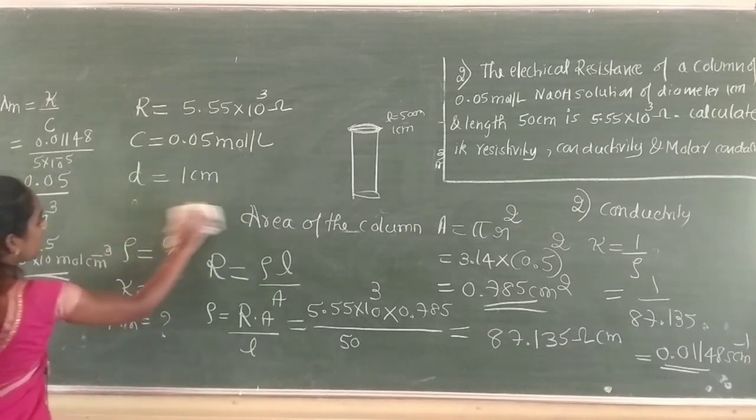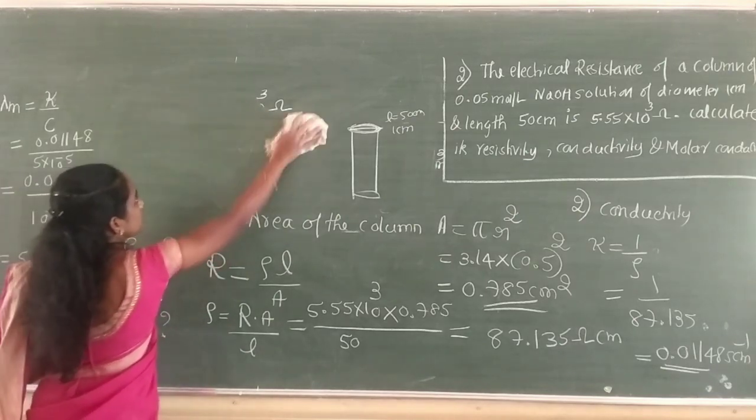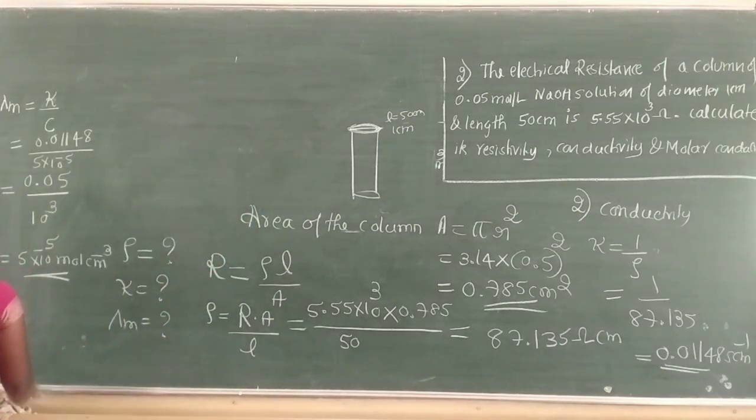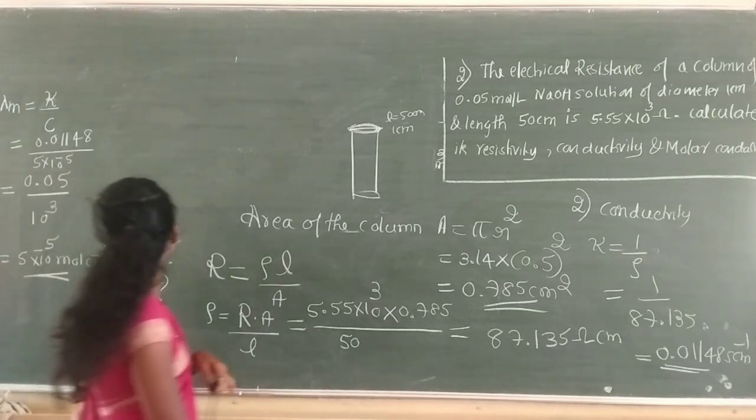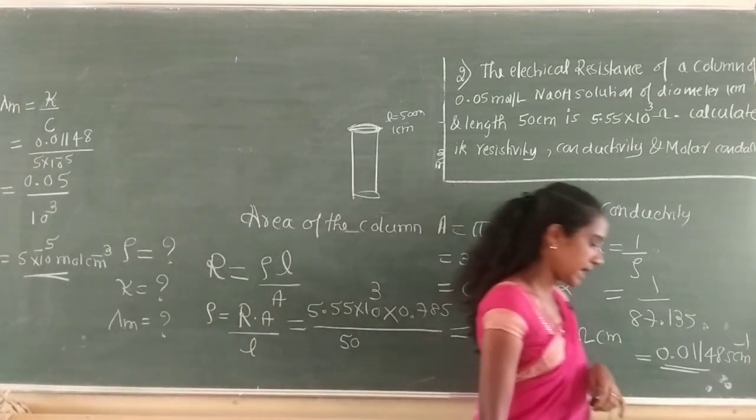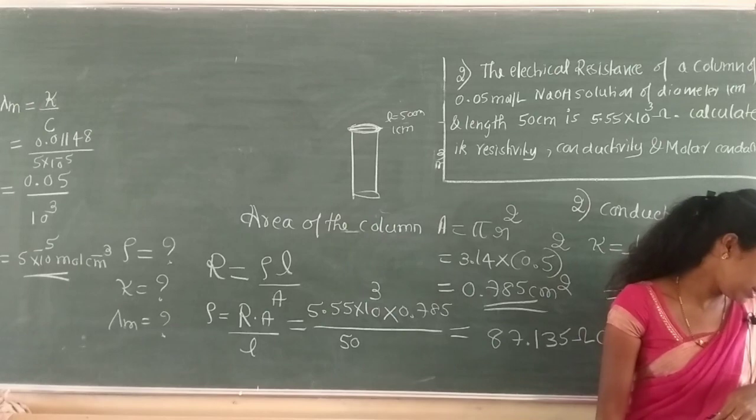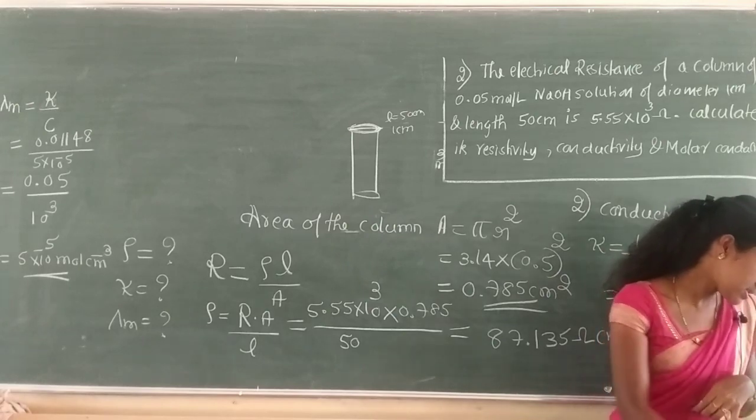Okay. So calculate the answer here. So molar conductivity is 0.01148 divided by 5 into 10 to the power minus 5.